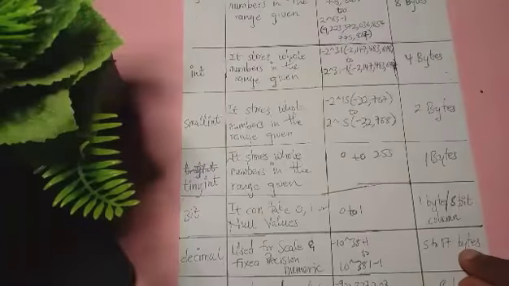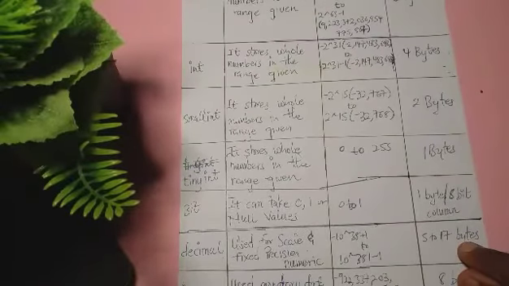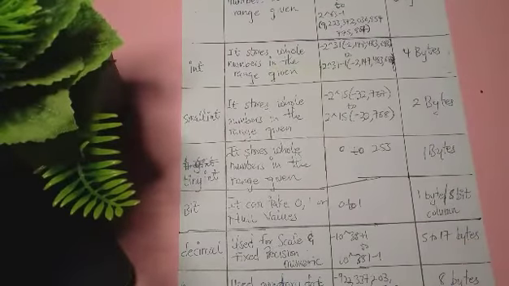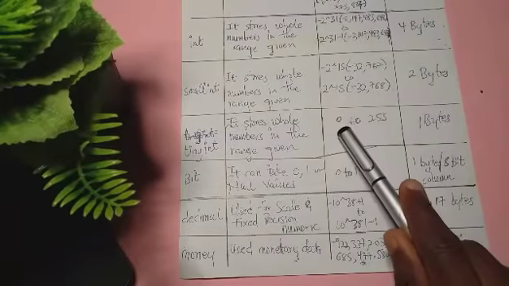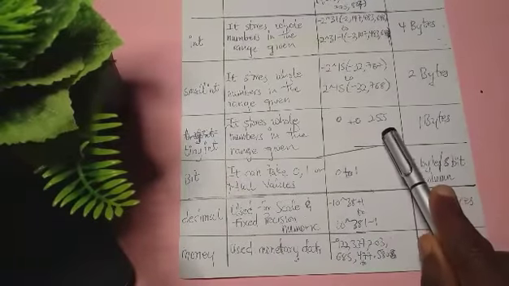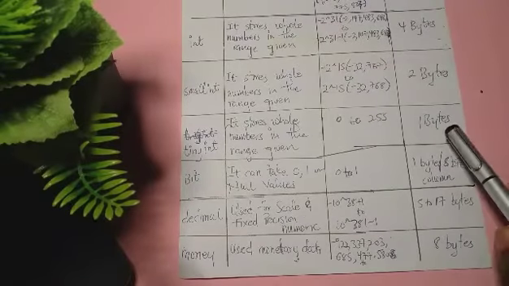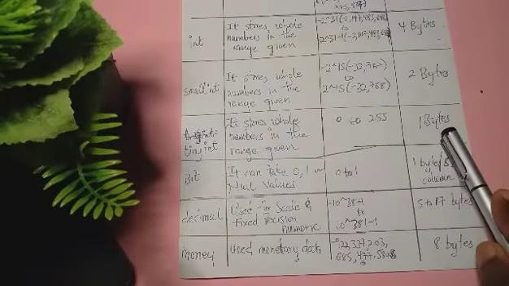And we have smallint. Smallint stores whole numbers in a given range, and the range has been given over here, and the storage capacity is 2 bytes. And we have the tinyint. The tinyint also stores whole numbers in a given range, 0 to 255, and it has a memory capacity of 1 byte.